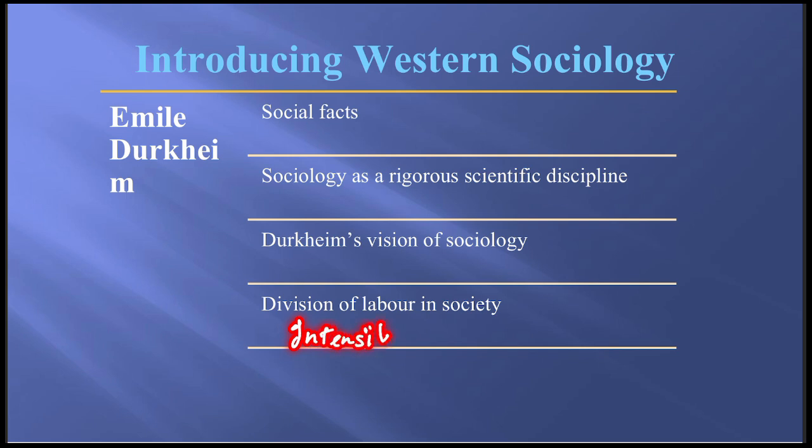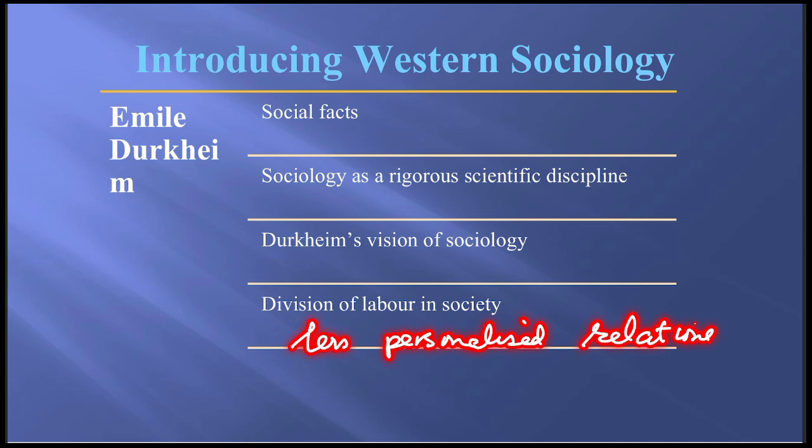Impersonal rules are required to govern social relations in such societies because personalized relations can no longer be maintained in large populations. Thus, we see Durkheim empirically validating sociology by the use of different types of solidarity as social facts.